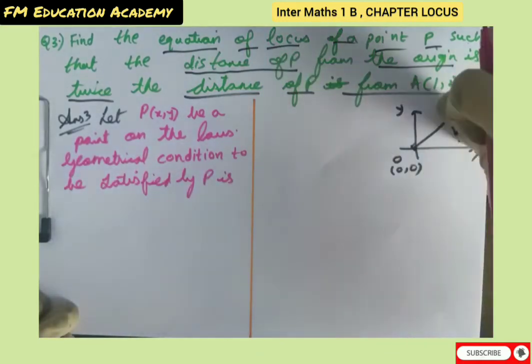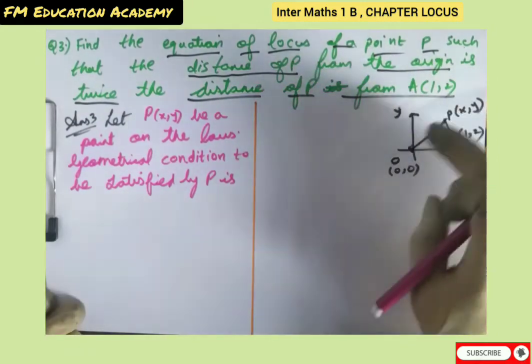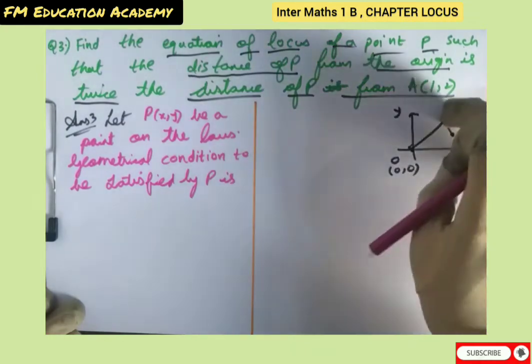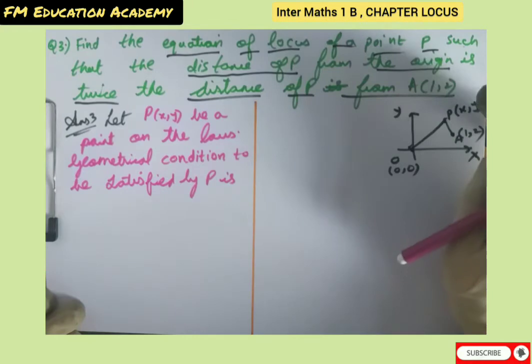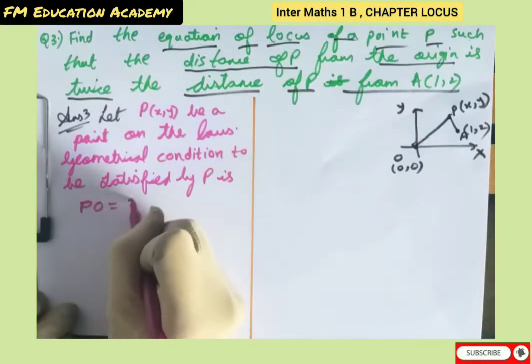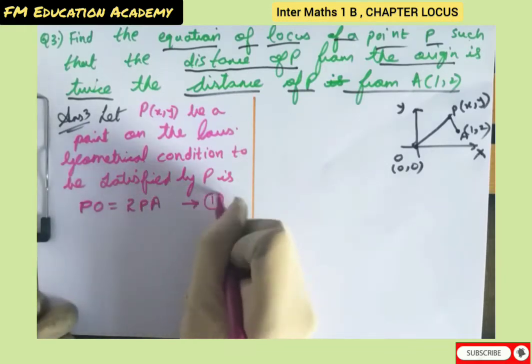OP is equal to 2 times PA, or we can write PO is equal to 2 times PA, because the distance of P from origin is 2 times the distance of P from A. PO = 2PA, that is the condition given to us. The condition will always be equation 1.